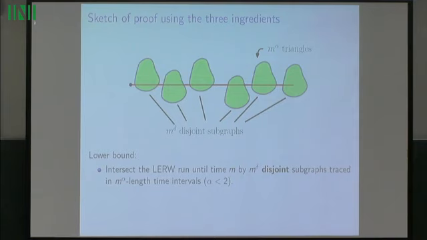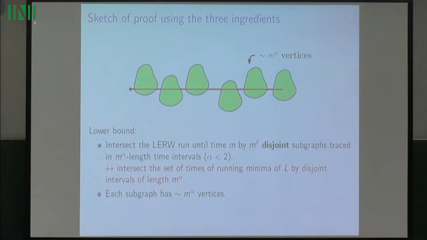Each subgraph will have, this time, m to the alpha triangles, where alpha is smaller than 2. The way to think about this is alpha is smaller than 2, but alpha plus delta is as close as we want it to be. So you have these intersections. And again, you can show that you can find such subgraphs by translating to the language of random walk.